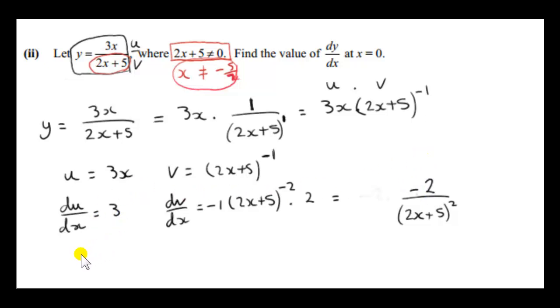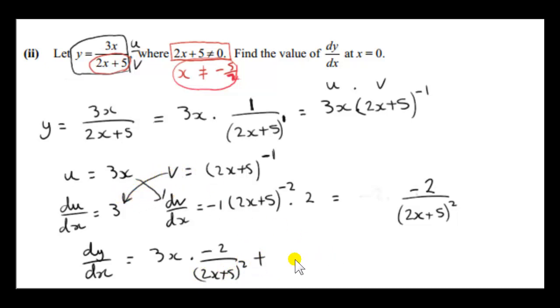Alright, next we apply the product rule. So dy dx is one of the functions, say u, times the derivative of the second function. Well, that's this thing over here. Plus the other function v times the derivative of the first function.